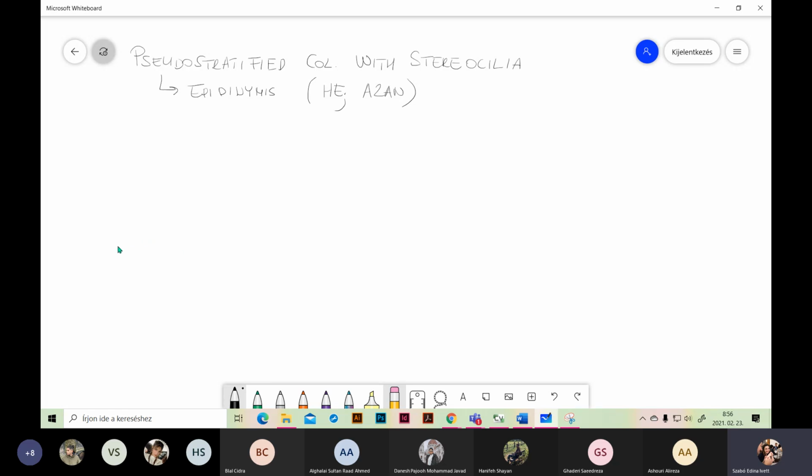So sperm cells are produced by which organ, if you see the organs of the male genitalia? The sperm cells are produced by the testes. Here you see the testes. And on the surface of the testes, there is a smaller organ, which is called the epididymis.